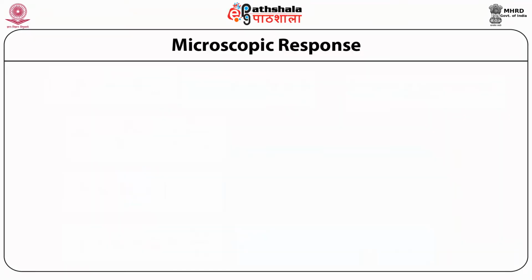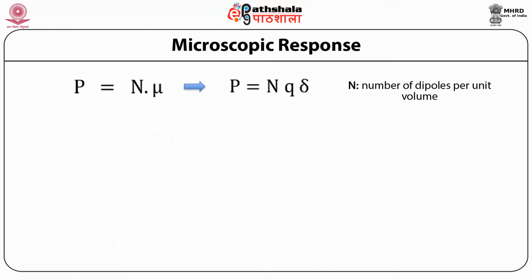The first is the microscopic response. Earlier we saw that polarization in a system with n dipoles per unit volume can be expressed as P equal to n into mu, where mu is the dipole moment. P is also given as N into Q into delta, where N is the number of dipoles per unit volume.